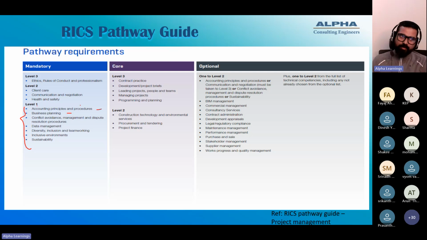Now level 3 competencies are all those competencies where you need to have in-depth understanding so that you can advise anyone on that particular competency. In mandatory, there is only one such competency, that is ethics, rules of conduct, which you need to understand at the level of level 3. So in level 3 competencies, you have to write level 1 for that competency, what you know about it, level 2, what you have done related to that competency, and level 3 is about where you have advised.